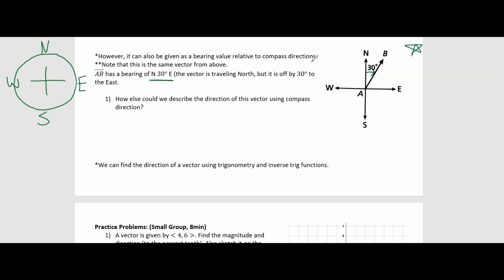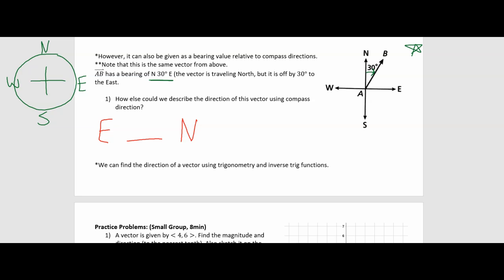Now let's say, and you can pause the video and think about this, is there some other way you could try to name this? What if you thought of the vector traveling east, but being pulled off to the north by a certain number of degrees? I'll give you a hint: east, something north.